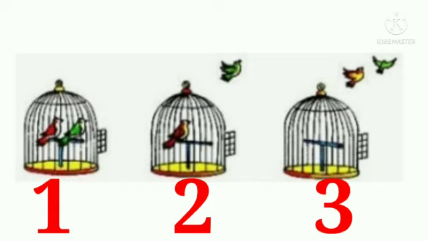In cage 3, the second bird also flew away. Now the cage is empty because there is no bird in it. Therefore, there is no bird in the cage. Then we write 0.